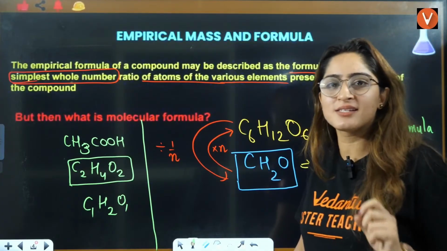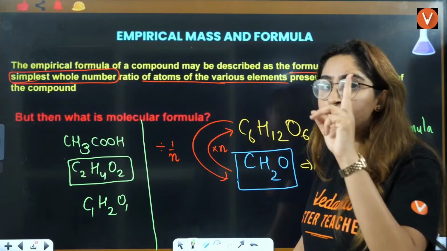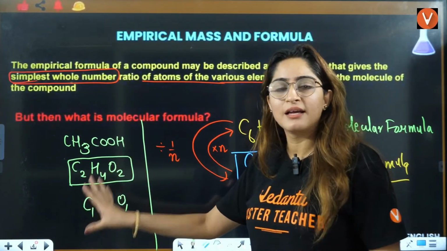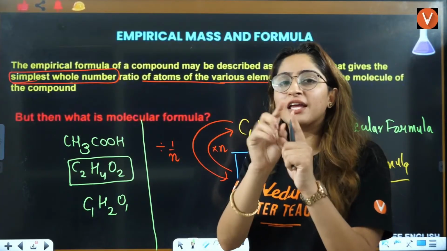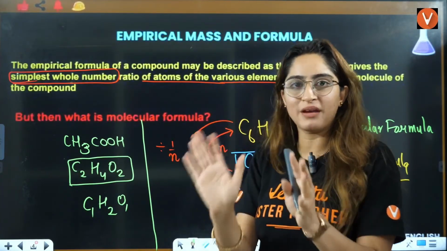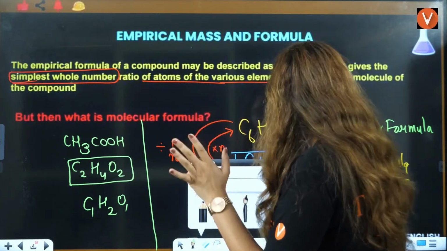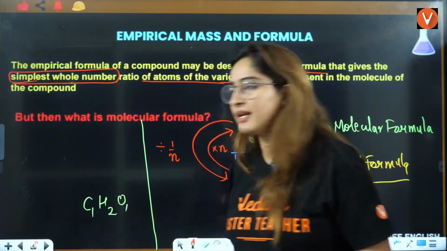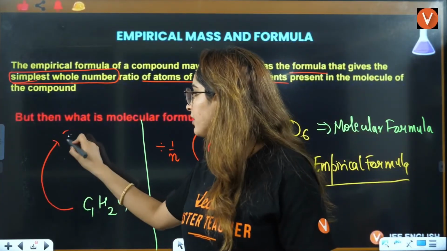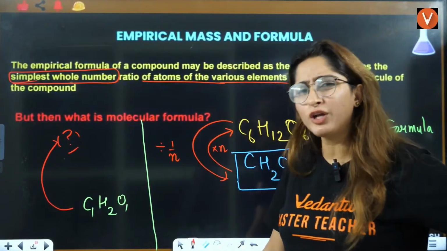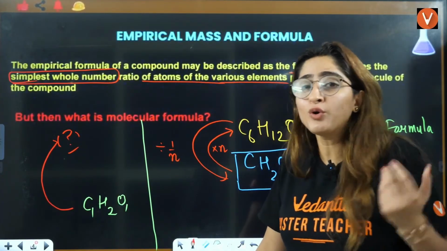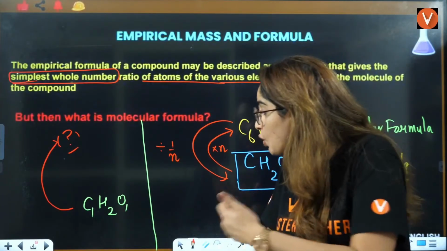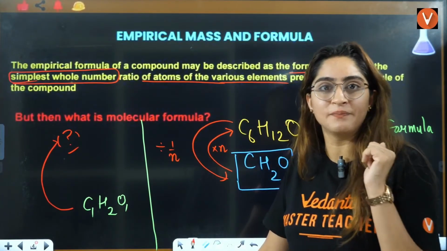That means if we are given one empirical formula and I ask you to calculate the molecular formula, will you be able to calculate? You don't know what number to multiply it with, right? So you should know the number it should be multiplied by.